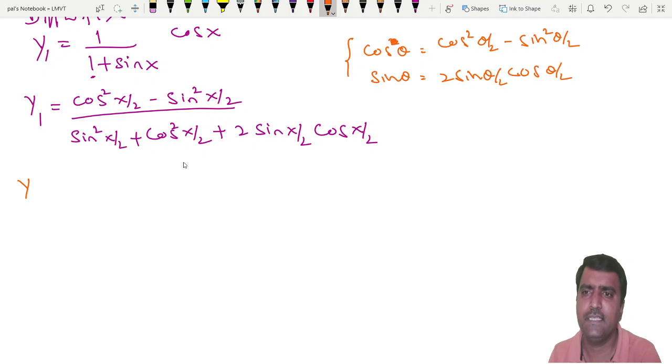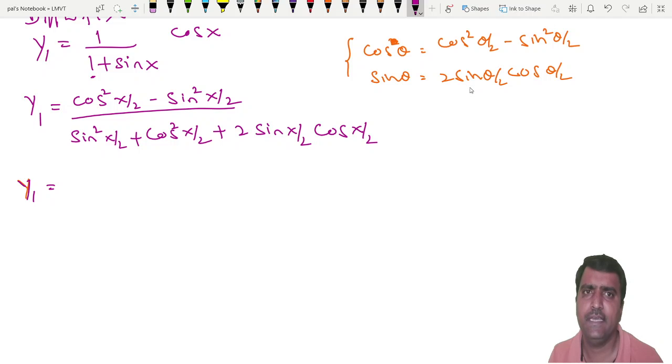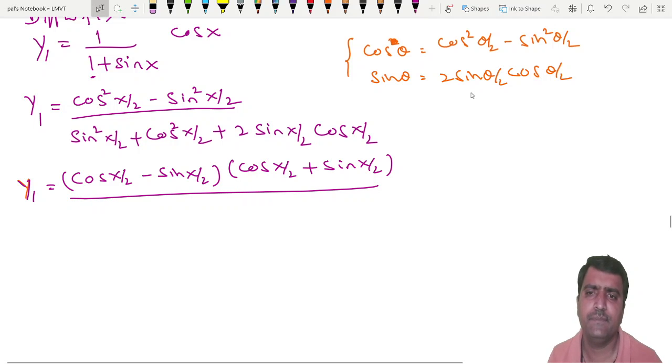So now by using that, you write y1 as cos x by 2 minus sin x by 2 into cos x by 2 plus sin x by 2, because x square minus a square is equal to x minus a into x plus a. This is divided by, you see, it is in the form of a square plus b square plus 2ab.